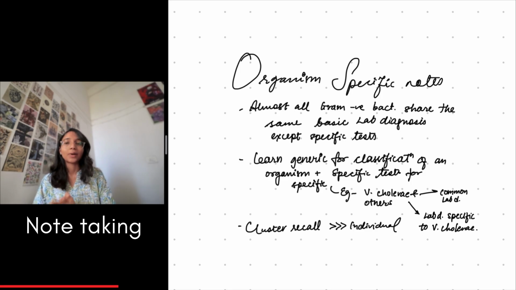So that next time when I'm answering, even if I don't remember a lot of this, I have some idea that, okay, this organism was in classification with cholera, so their lab diagnosis will look similar. So that you don't have to remember a new lab diagnosis every time you come across a new organism. Again, as I always tell my juniors, cluster recall is always better than individual recall.